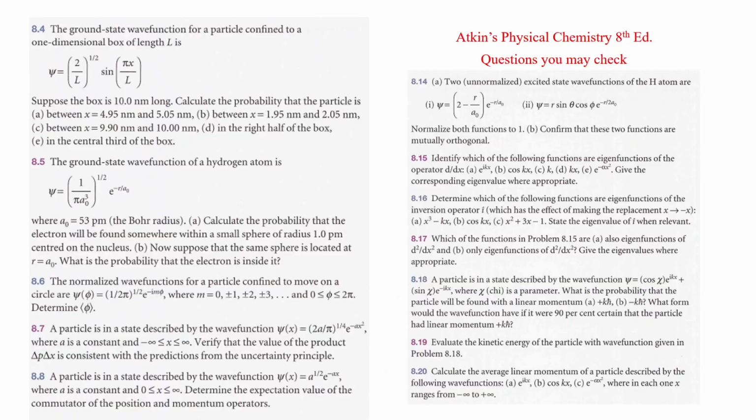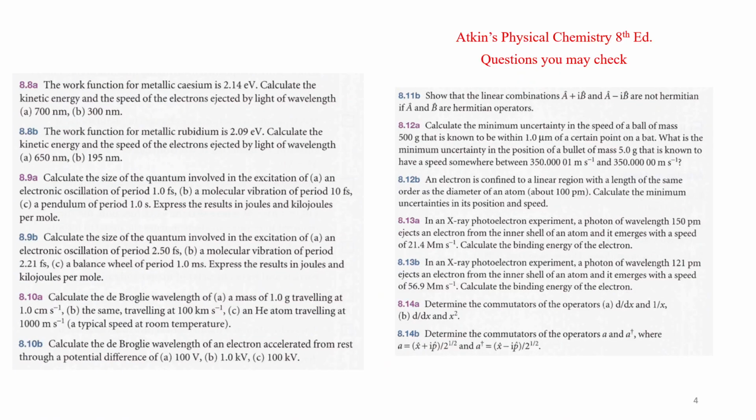Anyway, what about the next question? 8.12b. 8.12b deals with a similar problem, uncertainty. An electron is confined to a linear region with a length of the same order as the diameter of an atom. So it is said to be about 100 picometer.